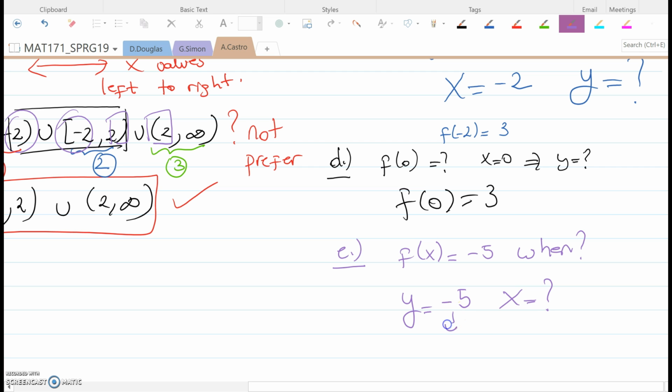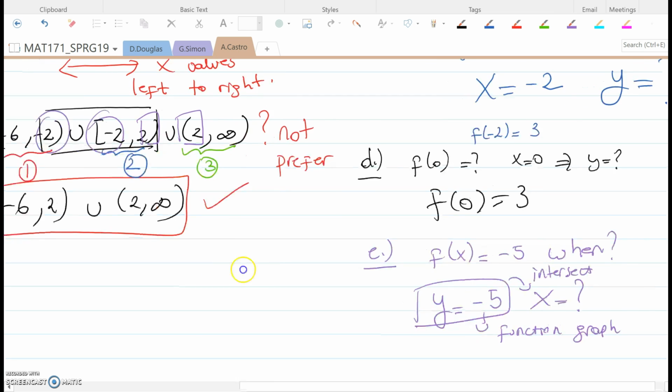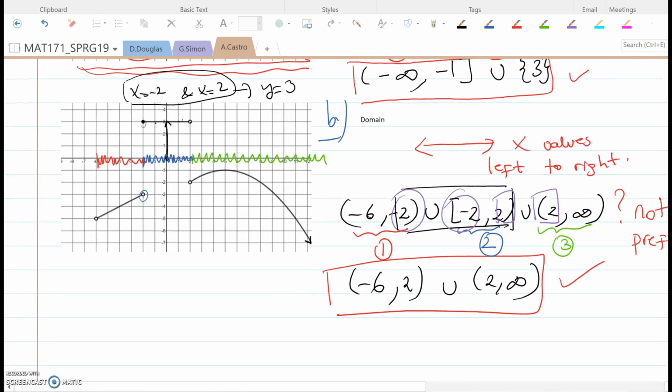So for that, I need to go to the function graph, see where we get the y equals negative 5 and intersect it with the x value. Okay, so look at our function that it is getting negative 5. So this is y equals negative 5.